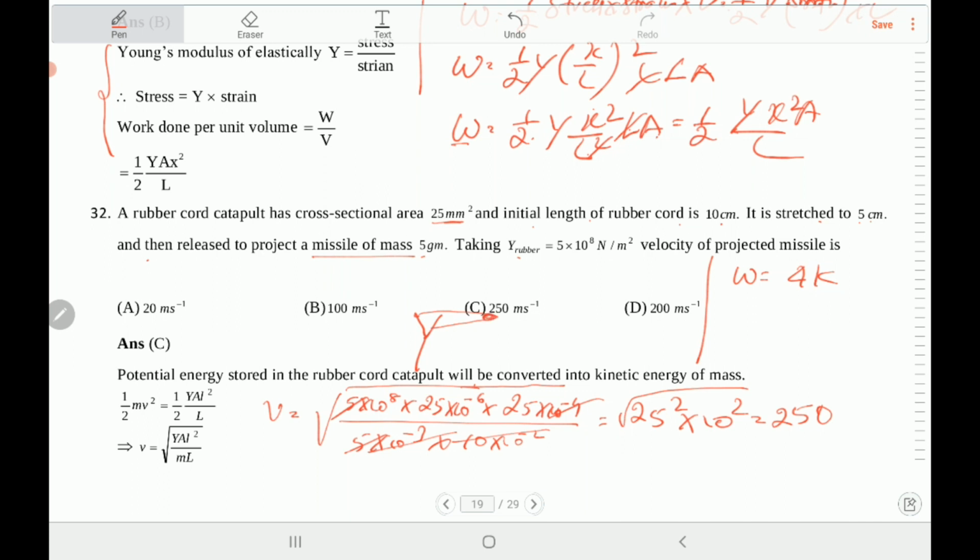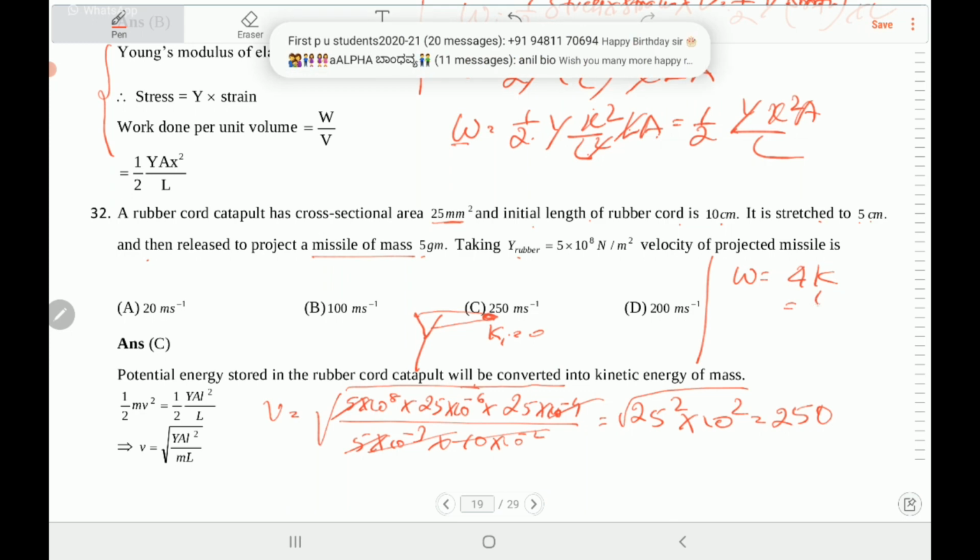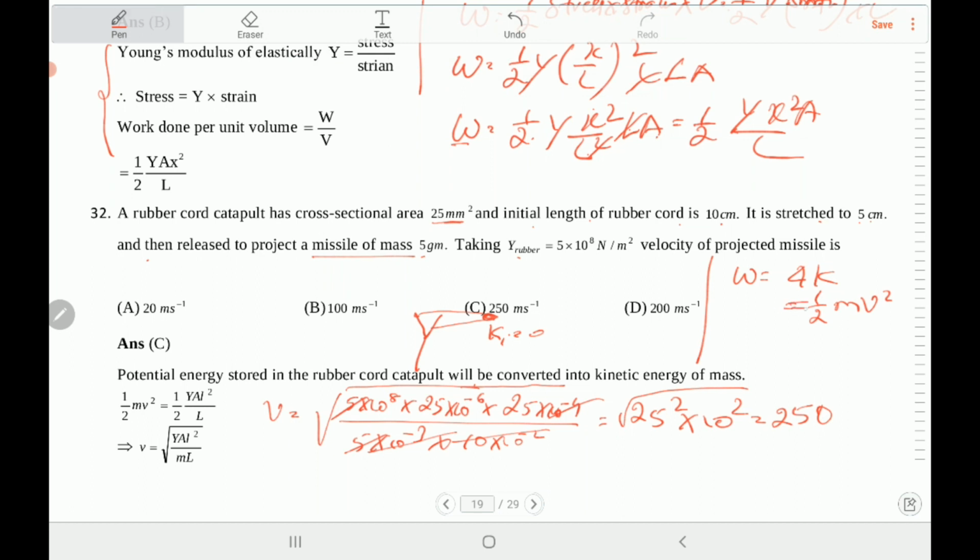This is the stone fixed here, that is the missile. Initially, it was at rest, so initial kinetic energy is 0. When you pull it and release, you will give it kinetic energy. What is kinetic energy? Half mv square, if it moves with velocity v. And that is from work done by the elastic force.